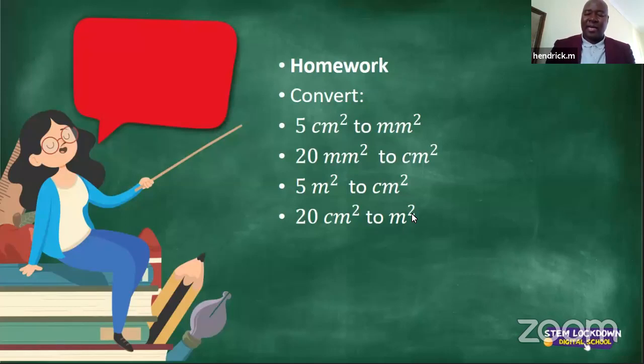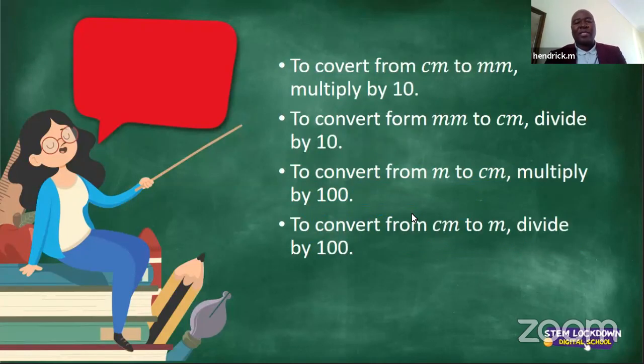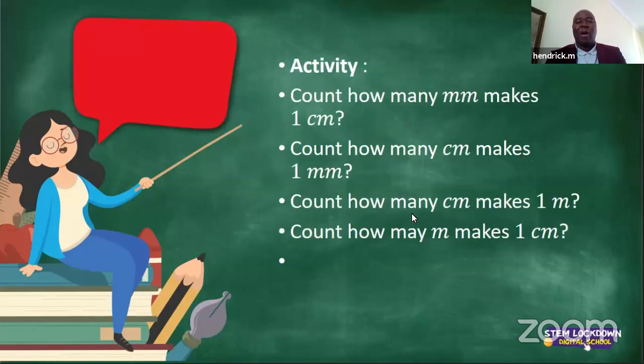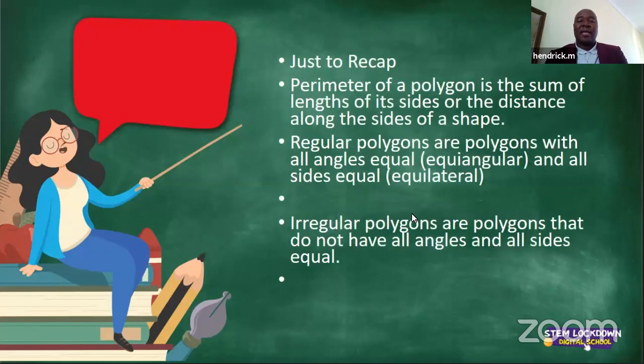And before we close, I just want to remind you once again that we have spoken now about the polygons, the regular polygons and irregular polygons, and we have looked at the perimeter of both polygons, where you add all the sides together to calculate the perimeter.